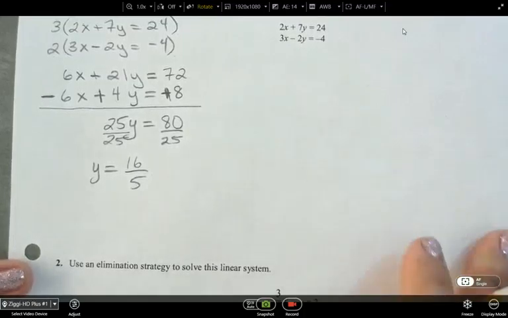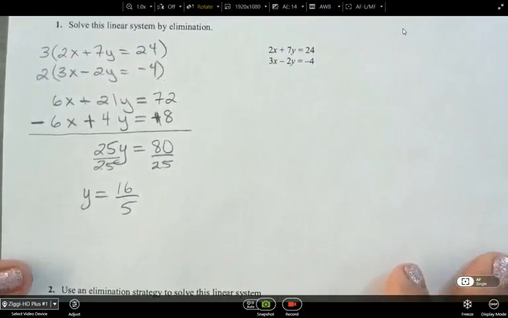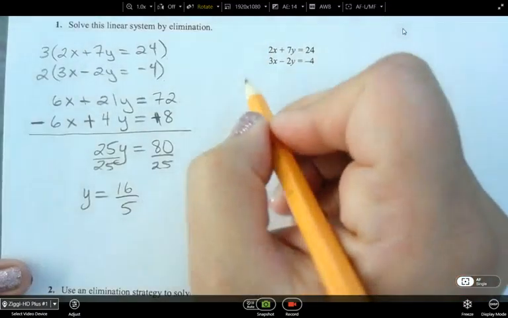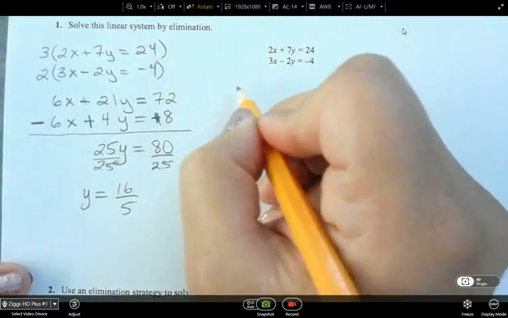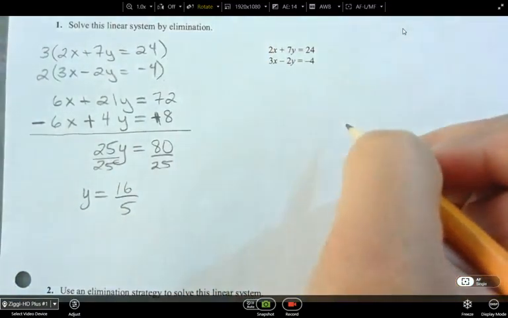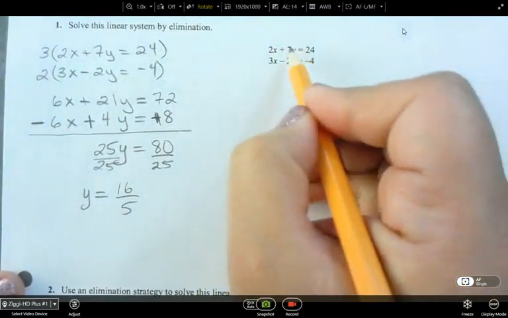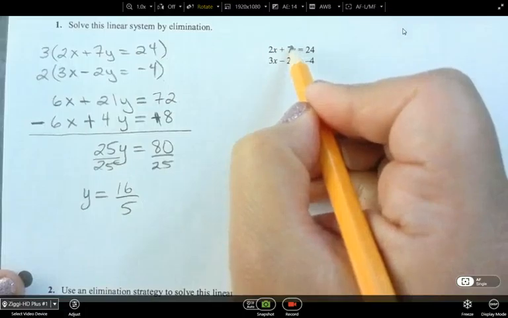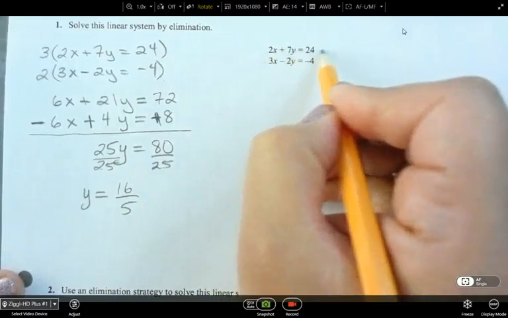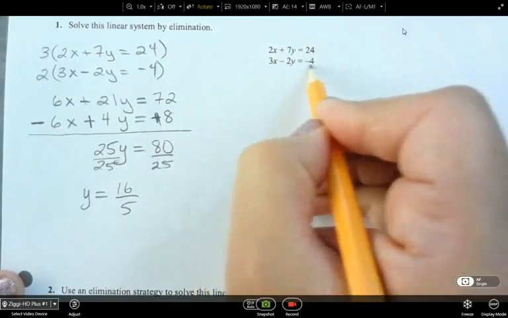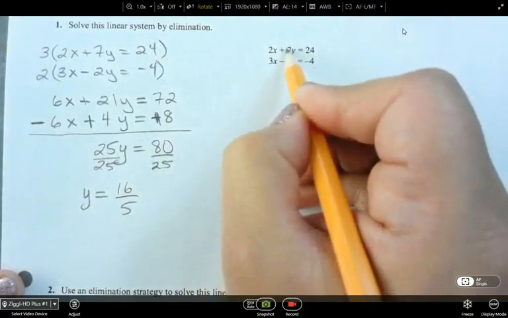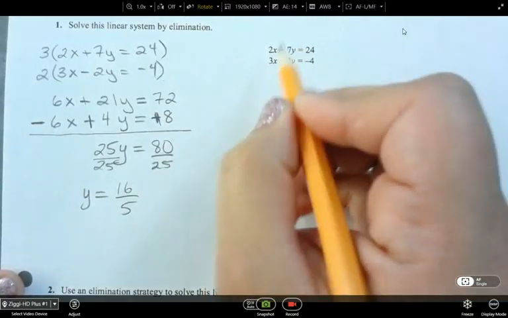Now let's do the same thing and let's find our x value. So if I want to solve for x, which variable am I eliminating? I'm going to eliminate y. Now, what can I multiply this top equation by and this bottom equation by so that I have the same number here and here?